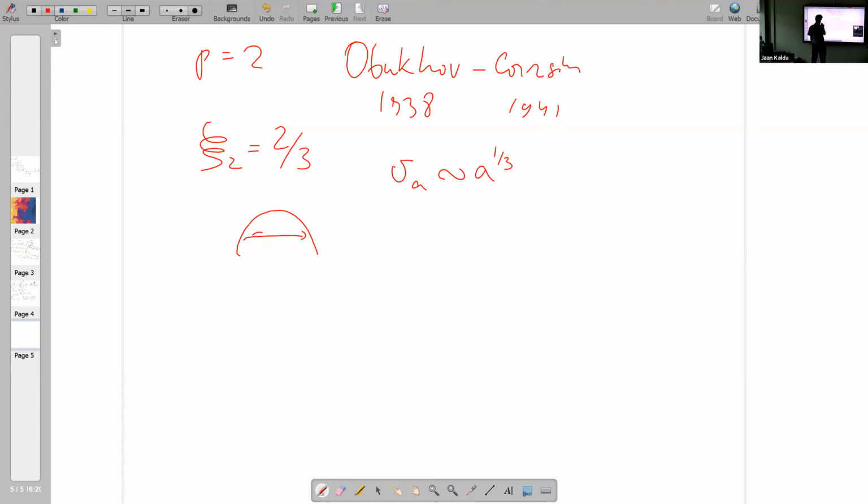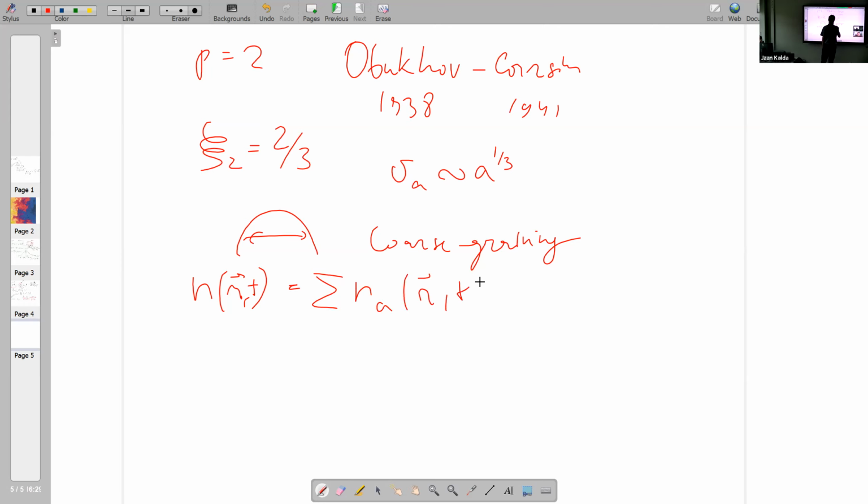Consider coarse graining of the tracer field: you have a superposition of functions, each varying at scale A. So n overall is a function of r and t, and is a sum of n coarse grained at scale A at r and t.